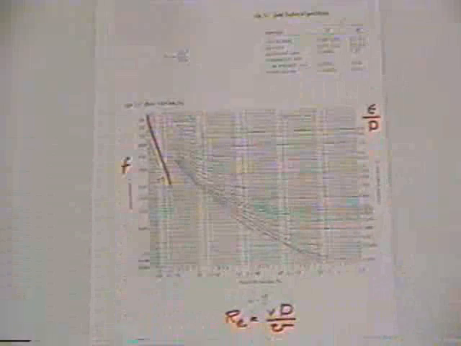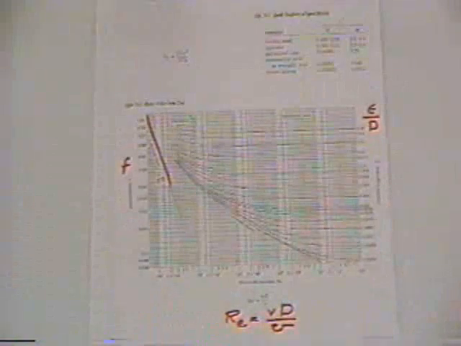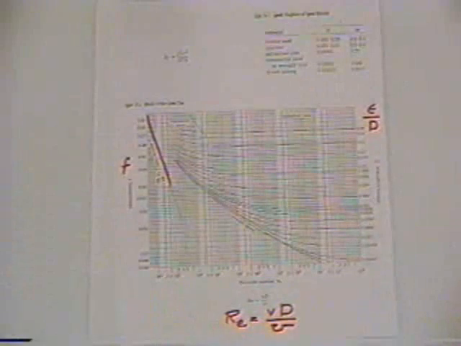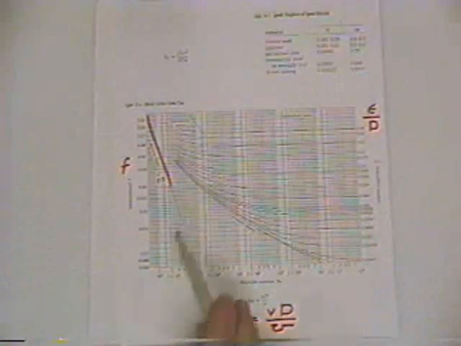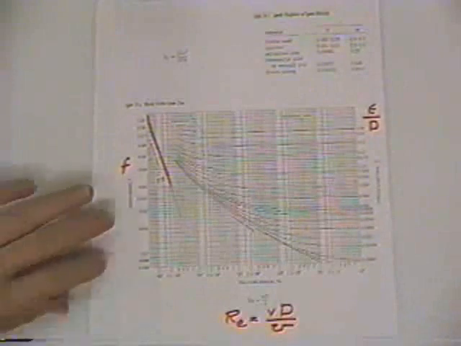We use the Reynolds number to differentiate between laminar and turbulent flow. If you have a small Reynolds number, down in this area, we've got a linear relationship between Reynolds number and friction factor. In most engineering applications we'll have turbulent flow, so we'll be out here. And there's a certain area which we call smooth pipe flow, and this is the bottom line here.